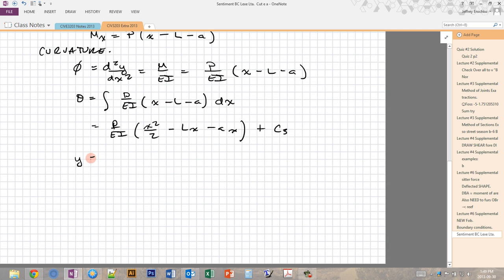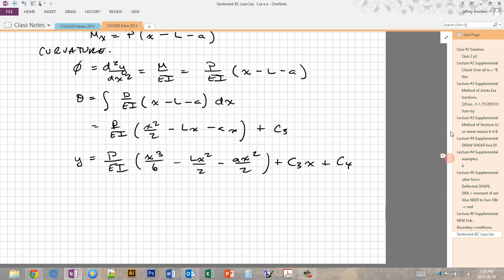And then we integrate that one more time to get y, and we get x cubed over 6 minus Lx squared over 2 minus Ax squared over 2 plus C3x plus C4, which is our new constant of integration.